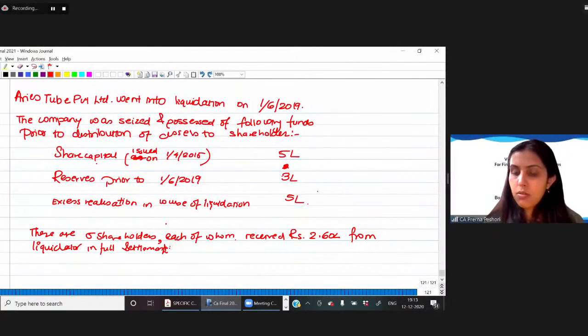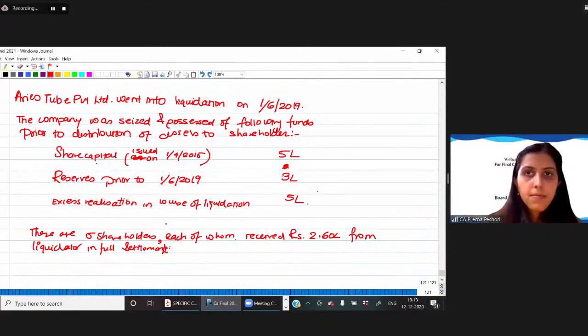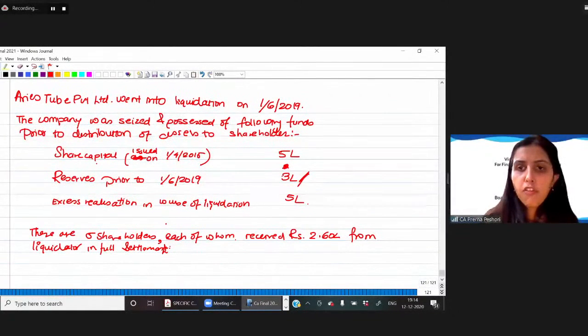So what will be the amount for per shareholder of reserves? 60K each, right?